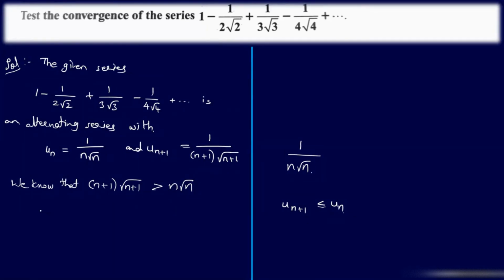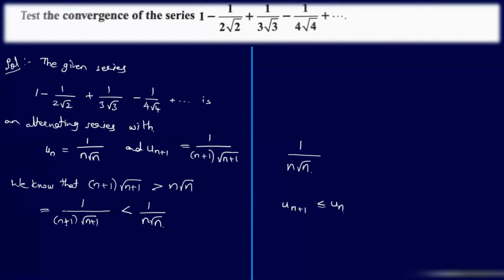As this is true, when you take their reciprocals, what happens? It is 1 divided by n plus 1 into root of n plus 1. When I take the reciprocal, you see this relation will be completely changed. When it was greater than earlier, now it becomes less than.